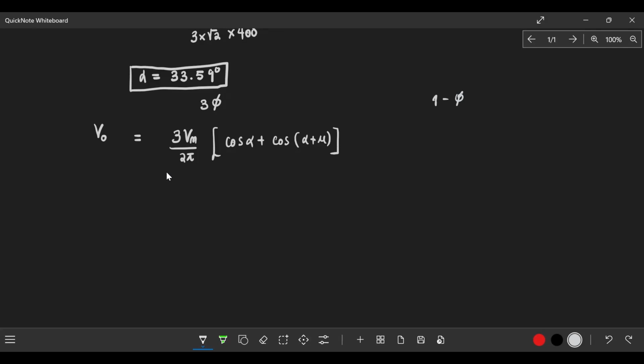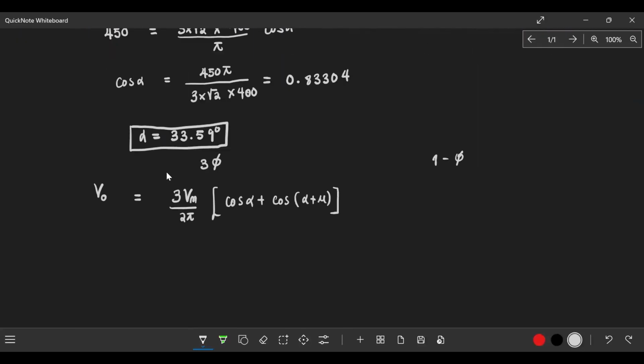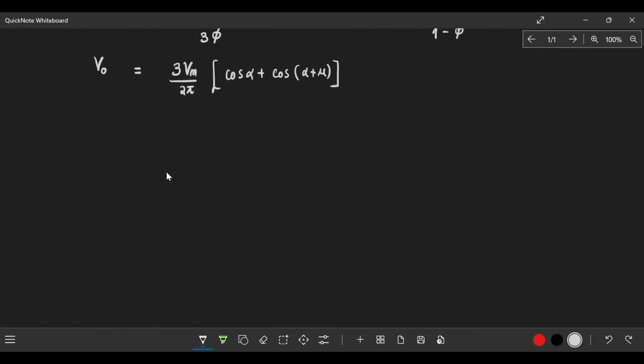Of course, the 2 pi is because of the difference in periods. The 3-phase has 6 pulses, so the period is different compared to the single phase, where the period was pi. So that's the reason.